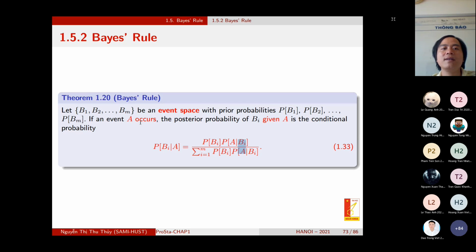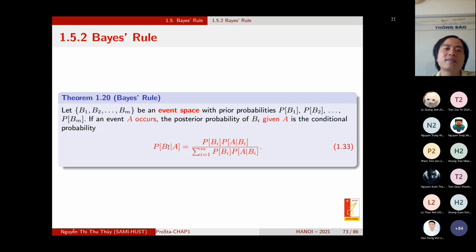Now, if A occurs, that means we have an observation of A, then we can compute the posterior probability of each part of the partition, B1, B2, and Bm given A. And the summation of P(B1 given A) plus P(B2 given A) plus P(Bm given A) is equal to 1, of course.